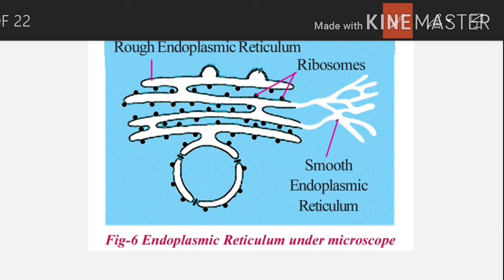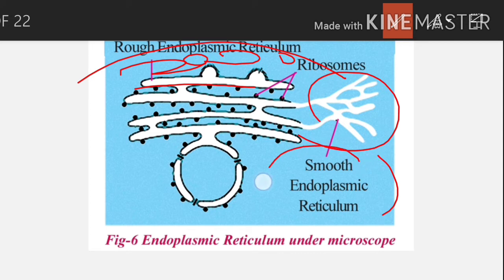Then the part of the endoplasmic reticulum near the cell membrane or plasma membrane does not have any ribosomes. That's why it appears as a smooth endoplasmic reticulum.